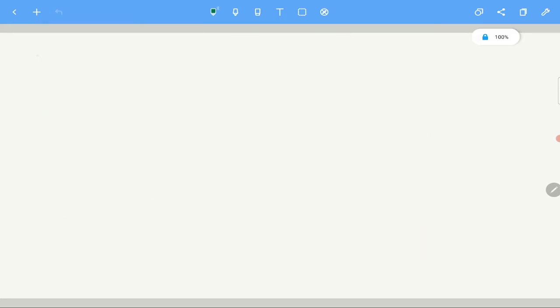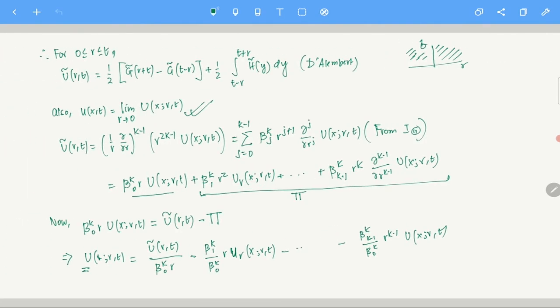So u(x,t) is the limit as r tends to 0 of this expression. Taking the limit on both sides, the left hand side converges to u(x,t) as r tends to 0, and I just have to find out where this thing converges as r tends to 0. That's the question. Clear?